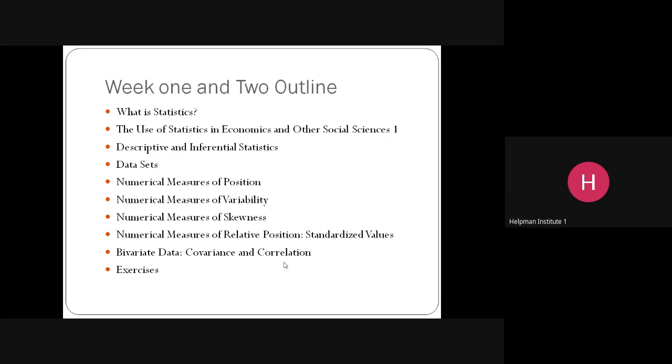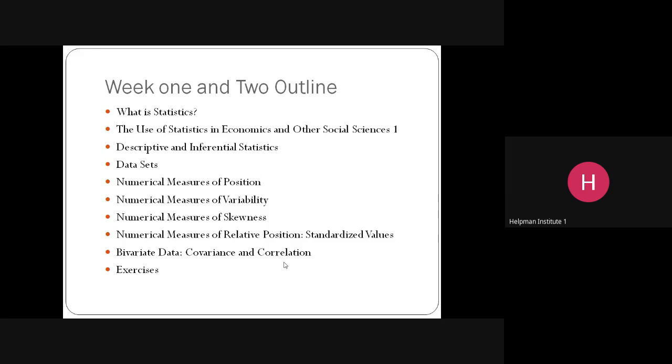We also talked about the use of statistics in economics and social sciences. In economics, there are a lot of theories, theories of demand and other assertions. But the only thing that will enable us to agree with these theories and work with them is the use of statistics, which enables us to make inferential conclusions, and then we are confident that we can make use of them.